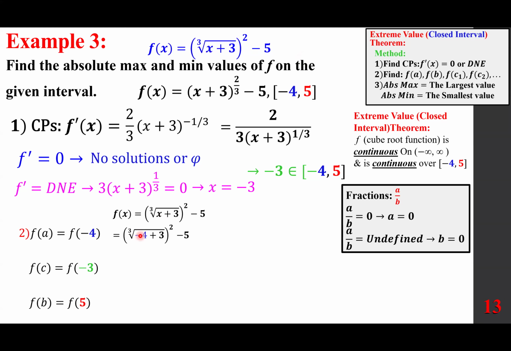When I put -4, added to 3 is -1. What is the cube root of -1? Still -1. When I square it, I get +1. So I get 1 minus 5, which is -4. Now, if I put -3 here, this becomes 0. So I get -5.